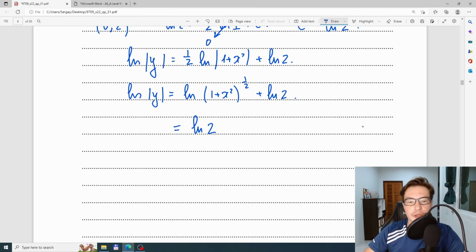So it's going to be multiplication, log 2 times, and then the power of 1 over 2 is the square root. So we get 2 times the square root of 1 plus x squared, and then it equals log y. And then from here, you can just remove the log and say that y equals 2 times the square root of 1 plus x squared, and that's the answer.